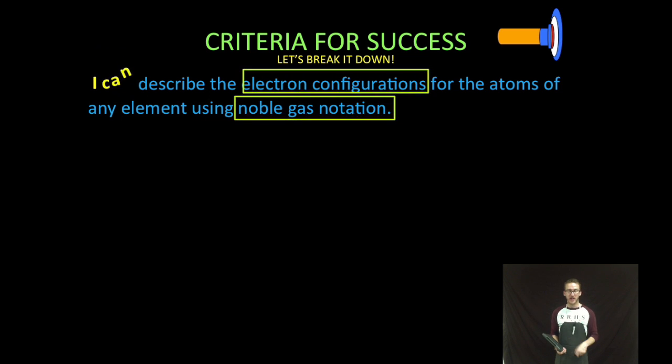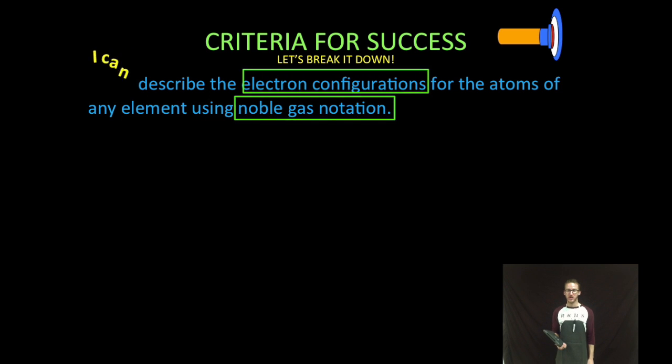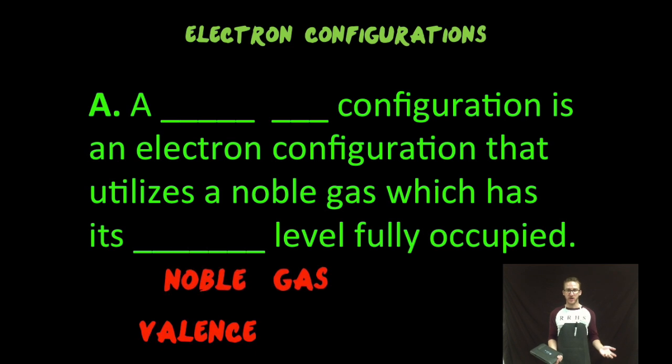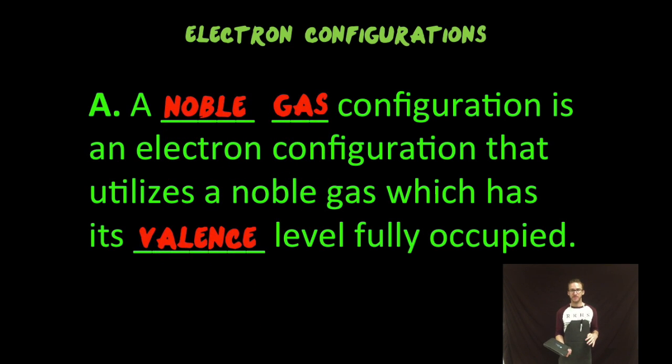In addition, a couple bonus features here. I'm going to slip in some important vocabulary words, especially for those of you coming back for the AP Chem course. Okay, so first, just keep in mind that a noble gas configuration is an electron configuration that utilizes a noble gas, which has its valence or outermost level fully occupied by electrons.